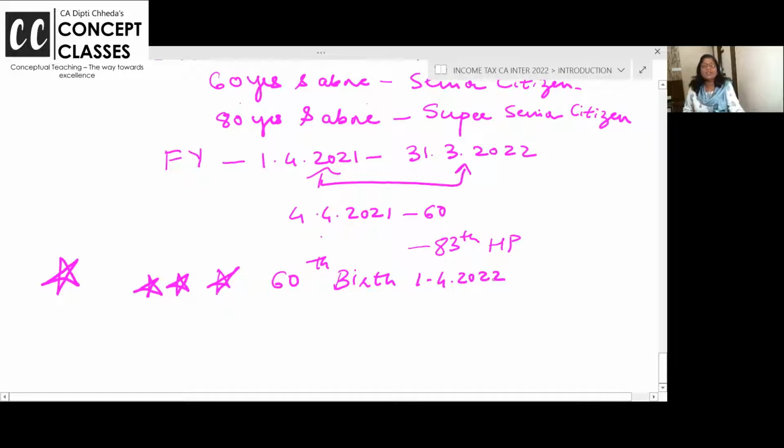There are case laws on this. There are Supreme Court judgments on this. My birthday is 1st April 2022. I became 60 years. So then, the financial year completed. If one day ahead, I would have become senior citizen last year, and senior citizens have got lot of benefit.